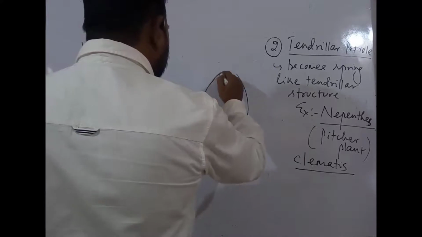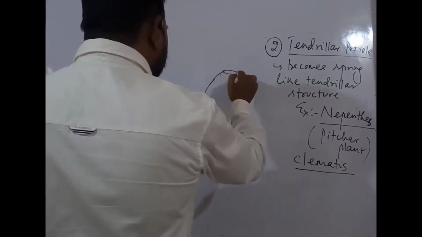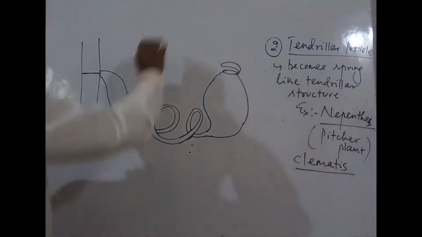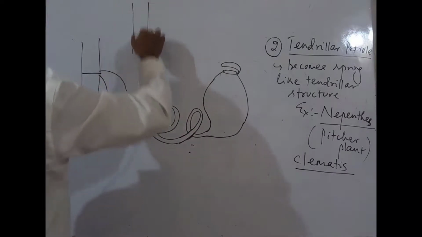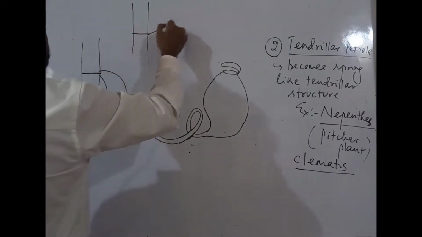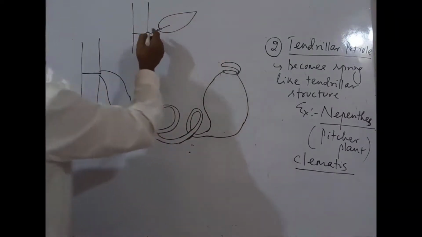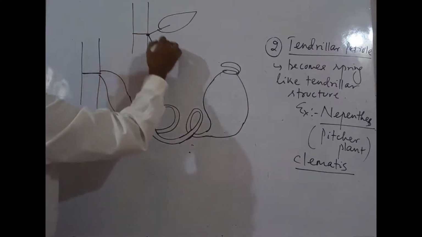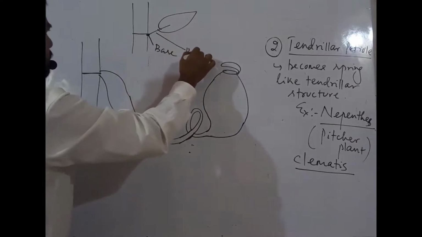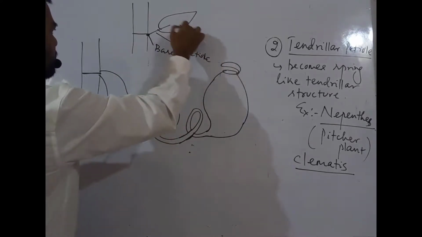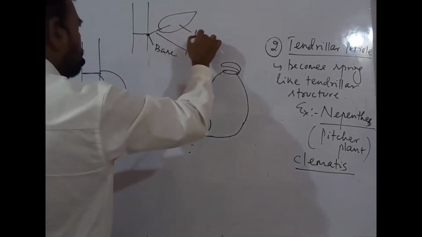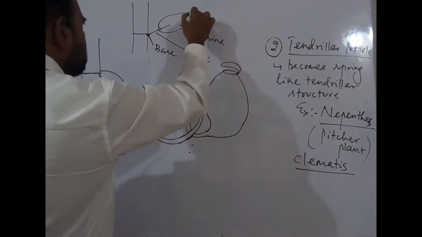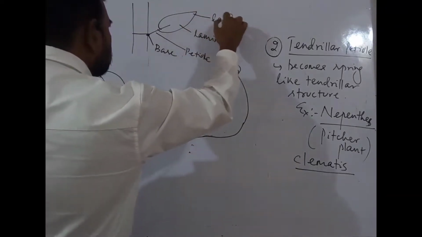This container is called petiole. You just look here. Suppose this is a normal plant, and this is the leaf. This one is base, you know that? Base. This one is petiole. And this is lamina. And this is leaf apex.